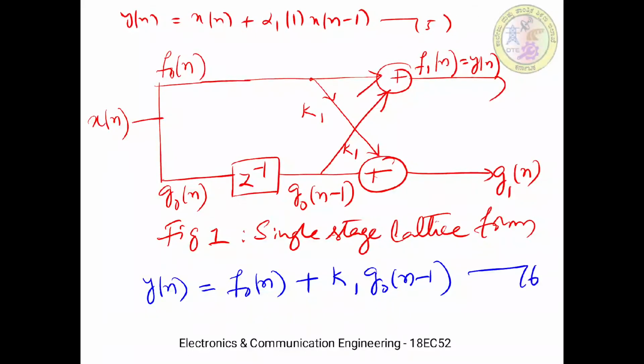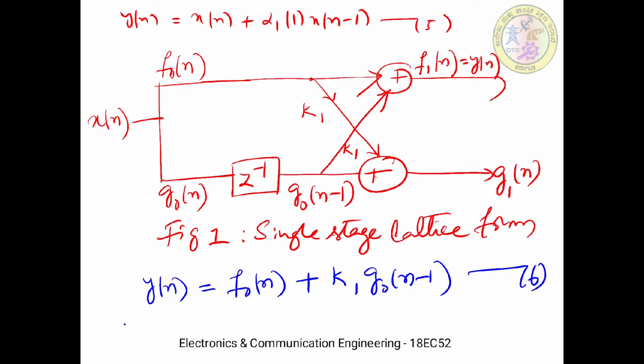Call this the 6th equation. This equation 6 has come from the lattice realization. In the upper path we are writing the output y of n, which is a sum of two terms. One is f naught of n and the other is g naught of n minus 1, which is multiplied by k1. Therefore equation 6 represents f naught of n plus k1 g naught of n minus 1 as the output y of n of the first stage filter.